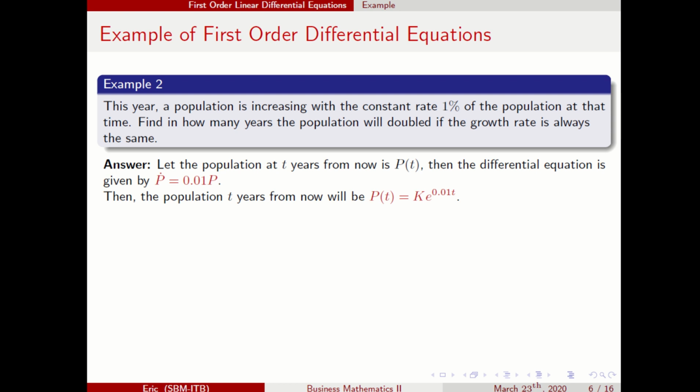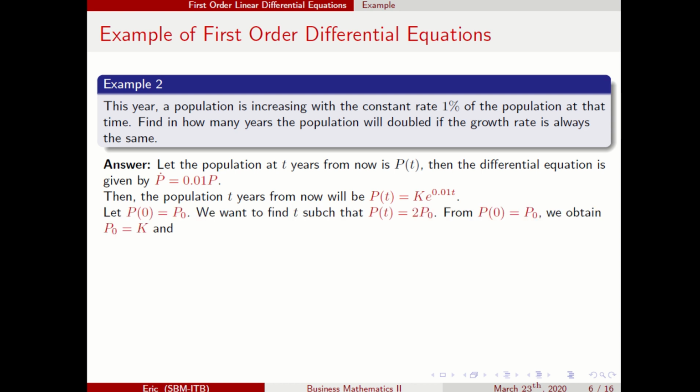So I want to know what is t. If p at time 0 is p0, I want to find t such that p(t) equals 2 times the initial population.